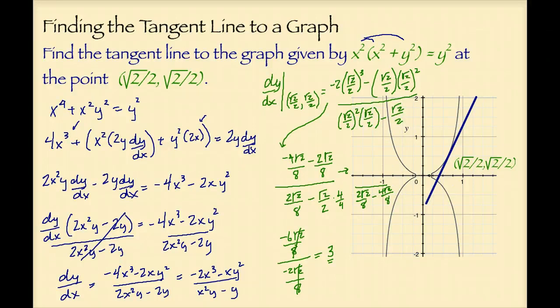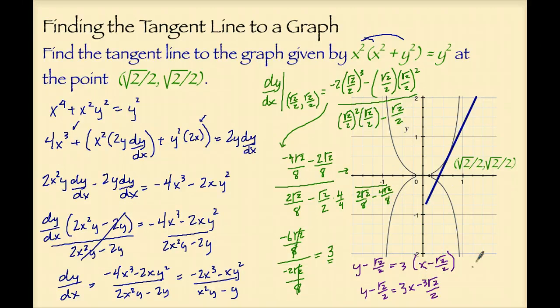Now let's write our equation of the line. Y minus the square root of 2 over 2 is equal to 3 times x minus the square root of 2 over 2. This becomes y minus the square root of 2 over 2 equals 3x minus 3 square root of 2 over 2.